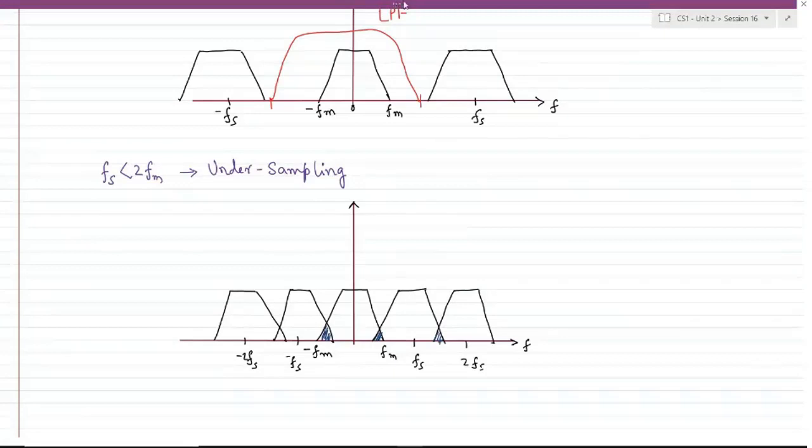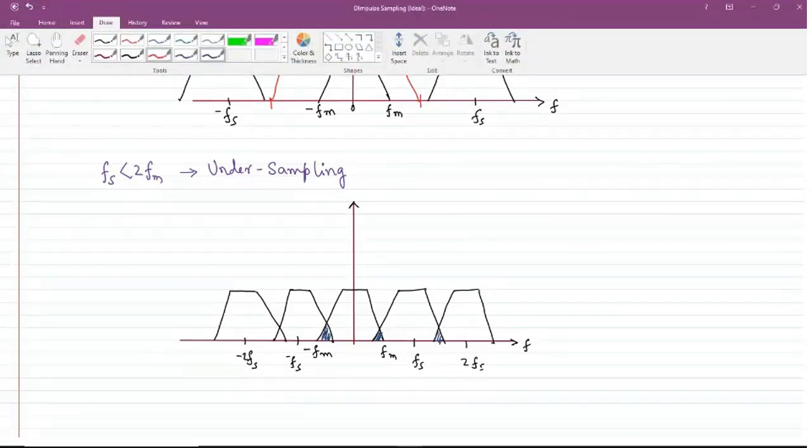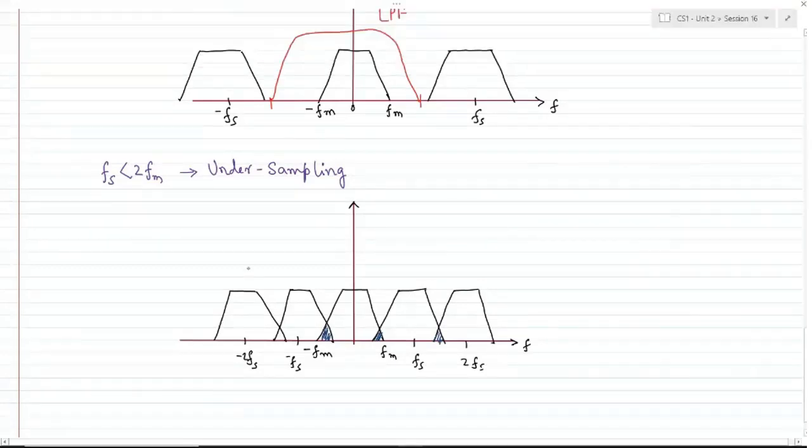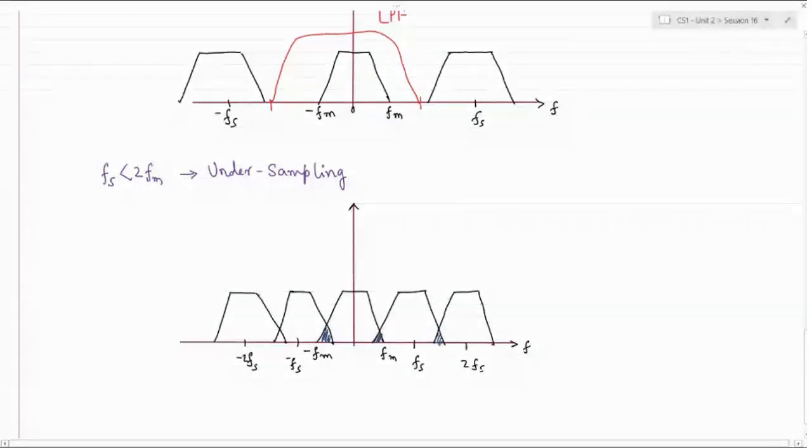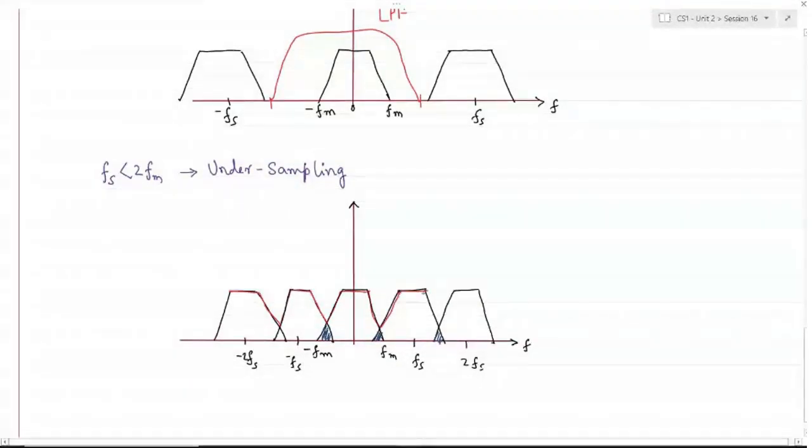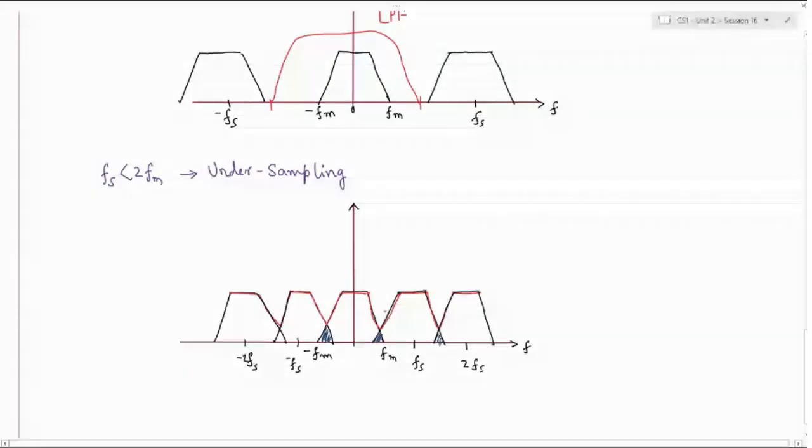So the overall structure would be somewhere like this. Since there is an overlap, this is your recovered signal. If you try to get back the original signal, even with an ideal filter, it doesn't represent your original information bearing signal.